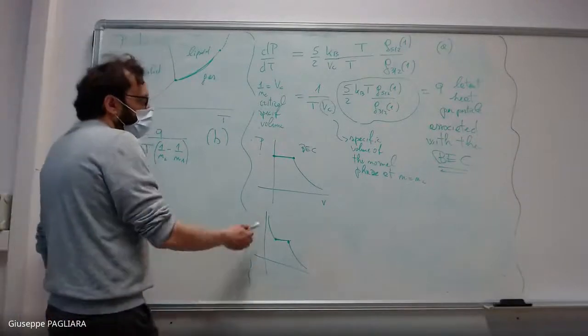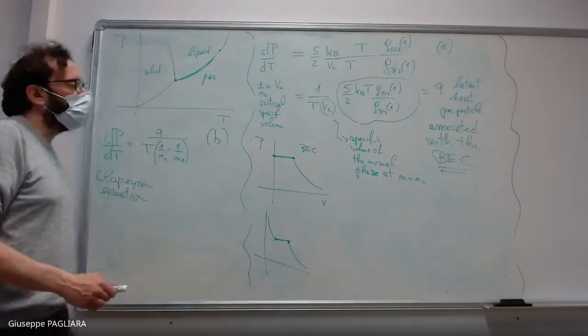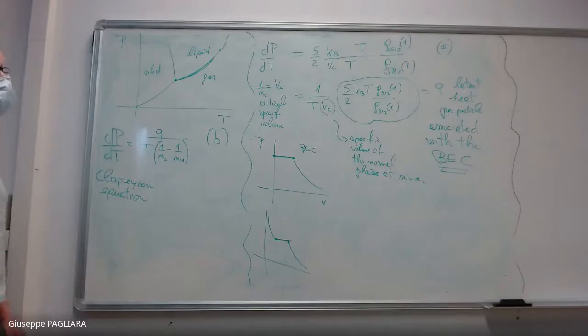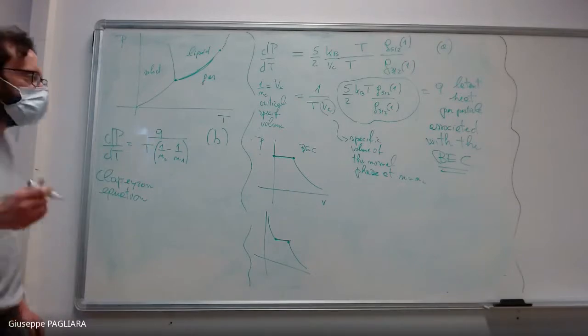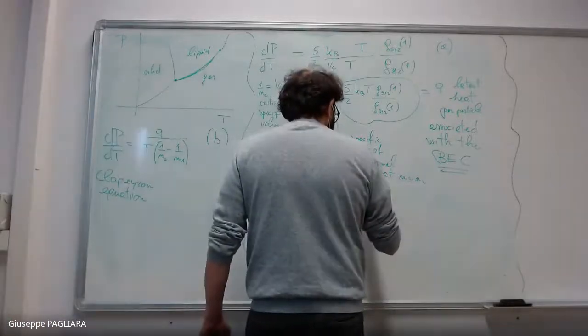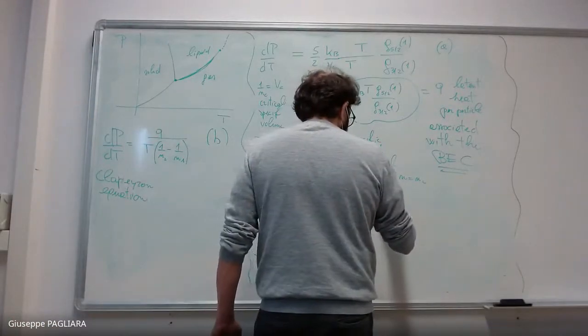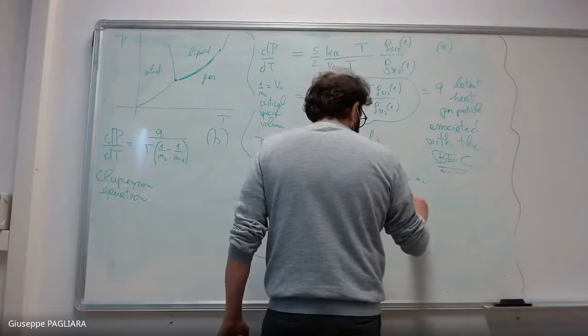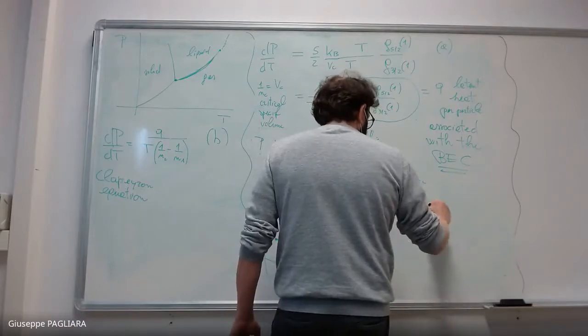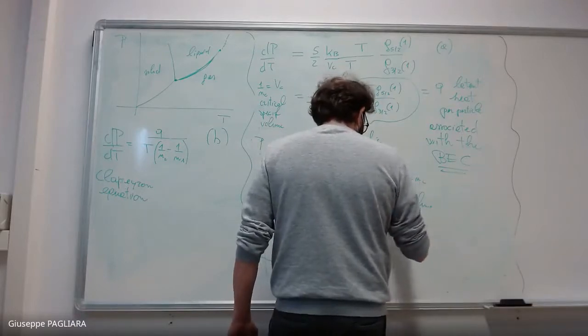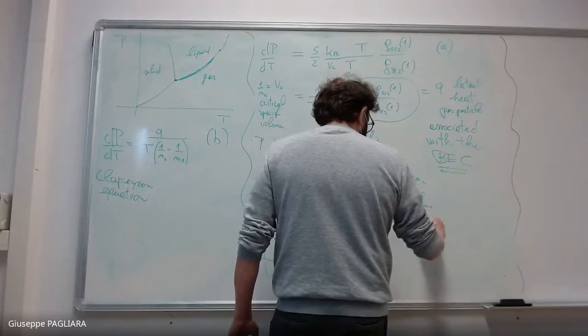Whereas here, I do not have a specific volume associated with the BEC, with the Bose-Einstein condensate, because this is basically 0, if you want. Specific volume of the BEC.